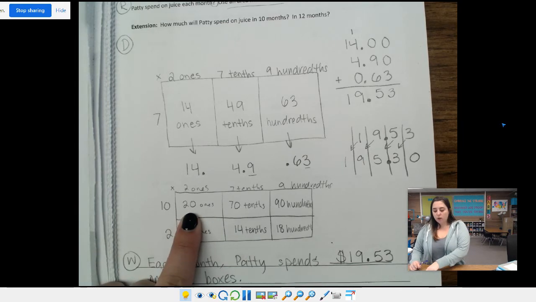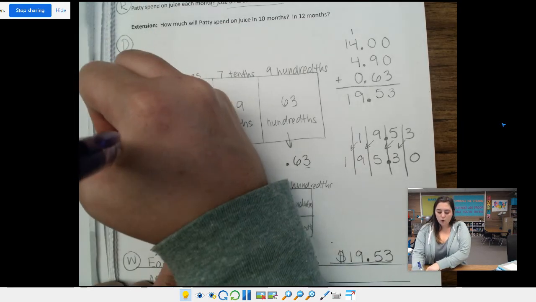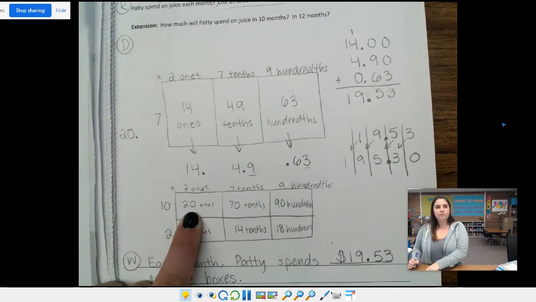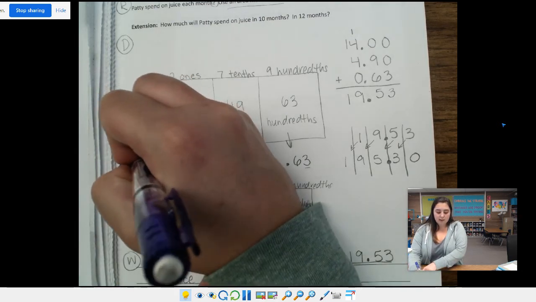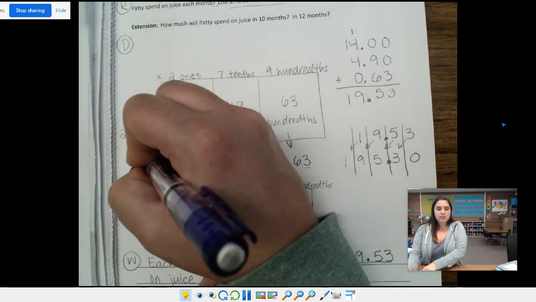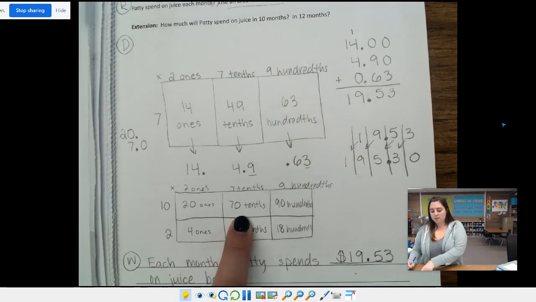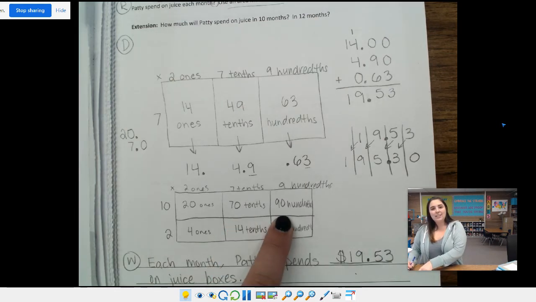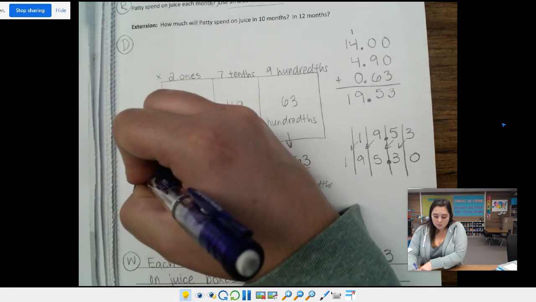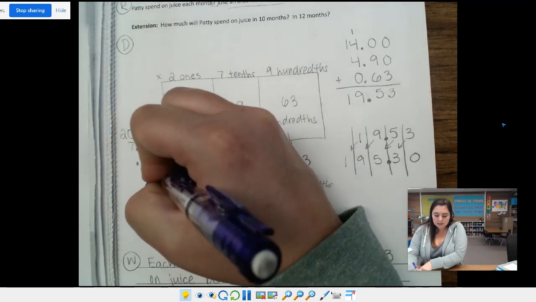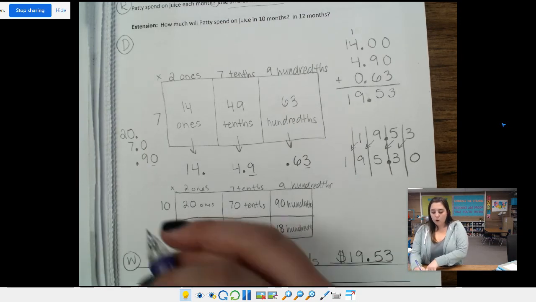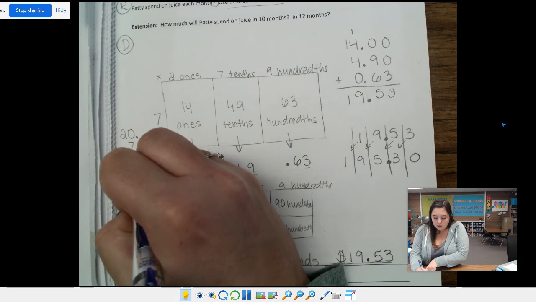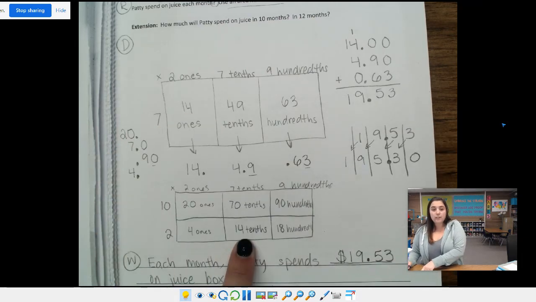So the first one is 20 ones, which is just a normal 20. Then I have 70 tenths. So my 70 has to end in the tenths place, which means the 0 would be in the tenths place. 90 hundredths. My 90 needs to end in the hundredths place. 4 ones, it's just a normal 4. 14 tenths.